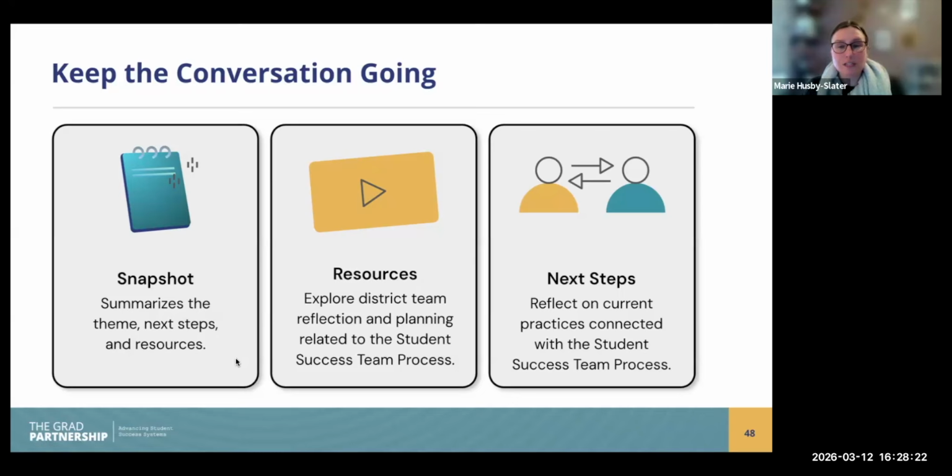In addition to the resources for today's session, we're also adding the snapshot from our November theme, which was focused on the 6 principles of improvement science with Carnegie Foundation. So we started out early in the year looking at the higher level improvement science design. What does that look like? And today really dug more into some of the practical application of, okay, how do I take that and use it with my team and connect it with student success systems?